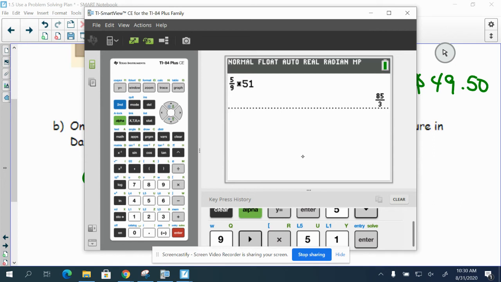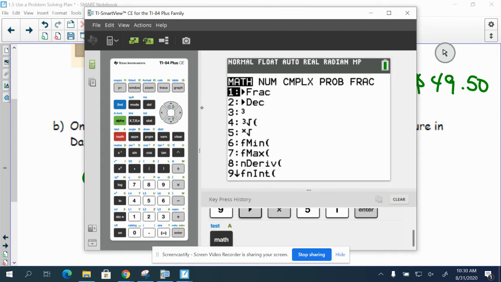So what if we just want to write our answer as a decimal, though? How do you convert it to a decimal? Well, one way to do it is, so we have this as our answer. Go to math, and then the second option, this arrow means convert to. So it says convert to a decimal. So press enter.